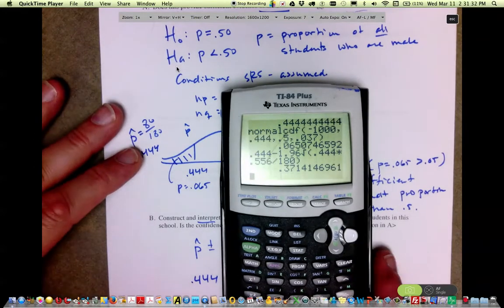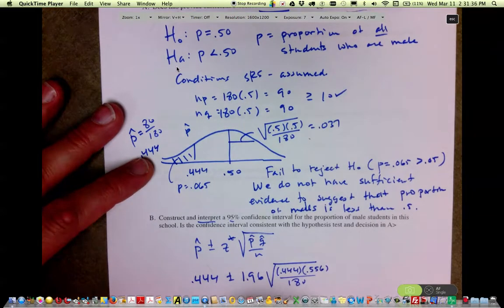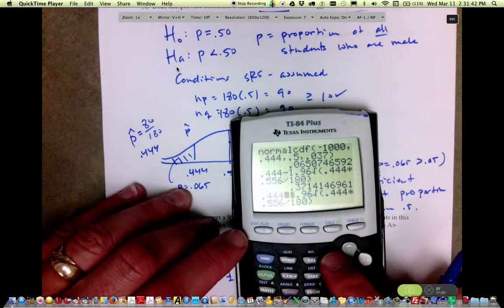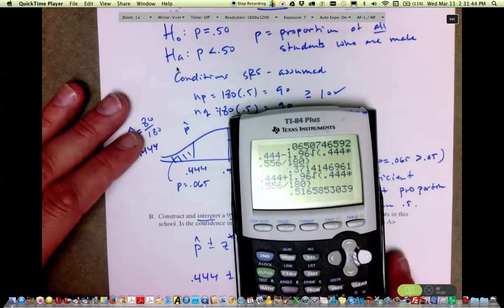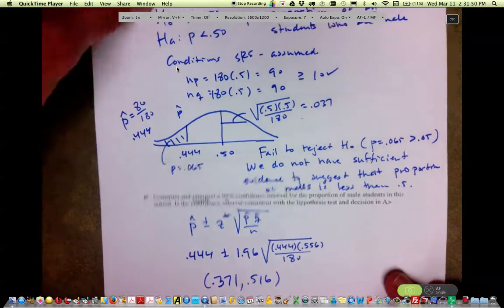We get a bottom value of 37.1% and an upper value of 0.516. So this is our confidence interval.